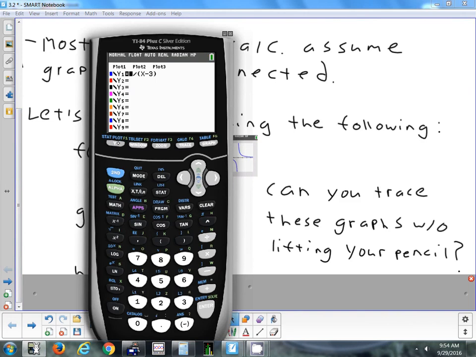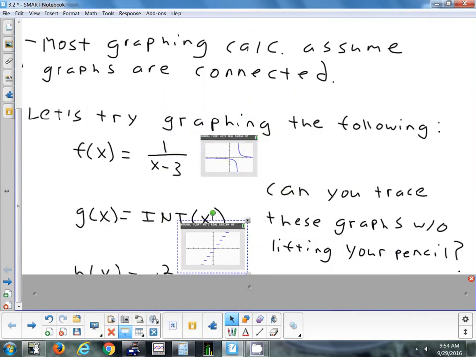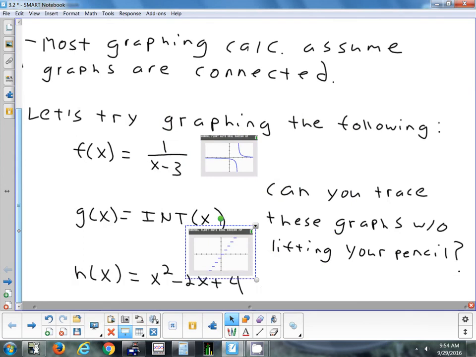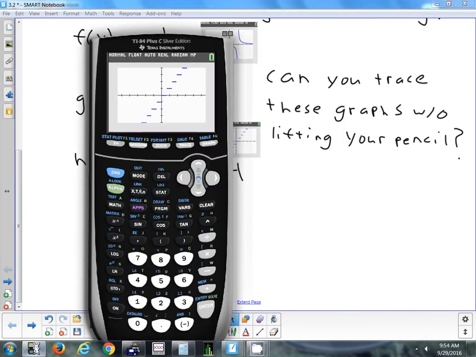If you want to graph these with me, you can, or really all you need to do is look at the pictures, and I'm going to ask you a question about them. Here's your integer function. And the last one I'm going to graph is x squared minus 2x plus 4.